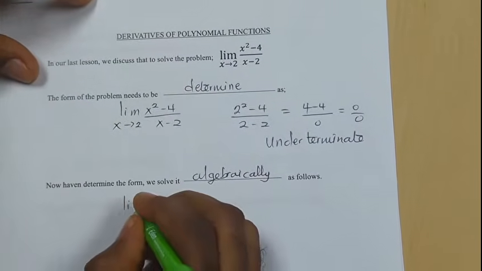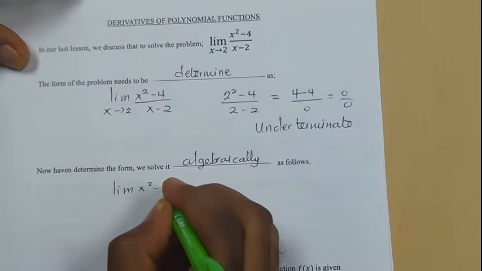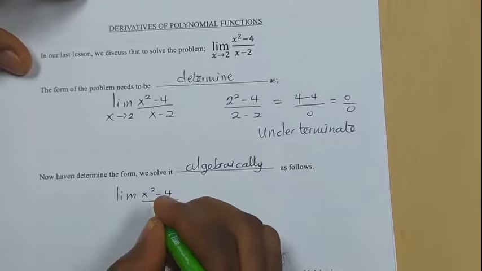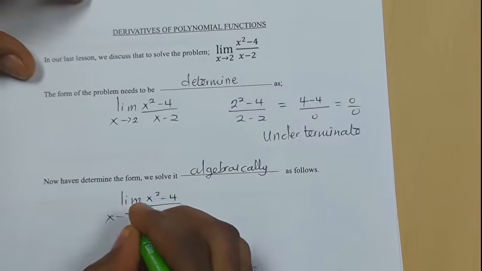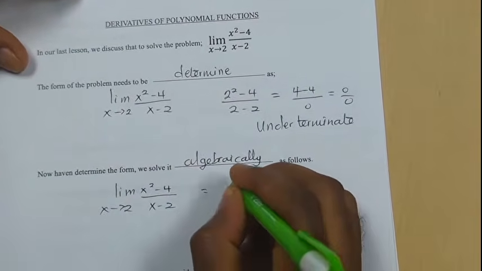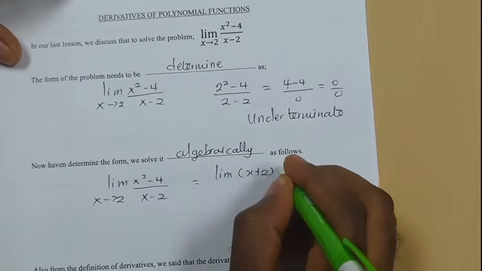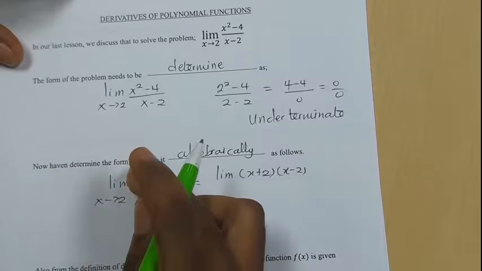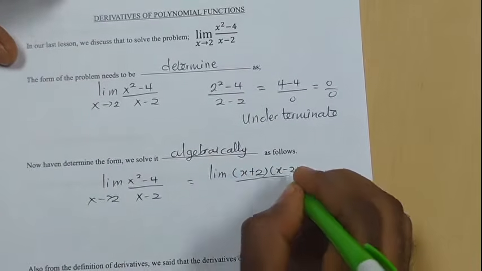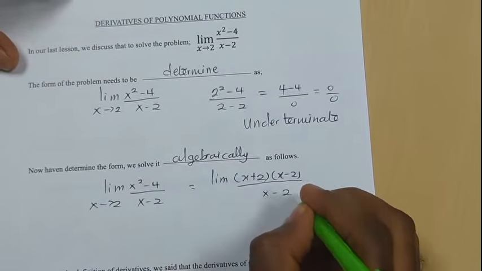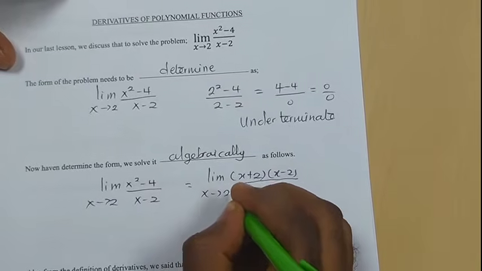So if we have the limit of x squared minus 4 all over x minus 2 as x approaches 2, we can write this as the limit of x plus 2, x minus 2, since this is a difference of two squares, over x minus 2 as x approaches 2.